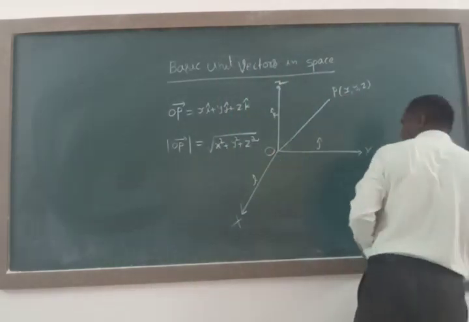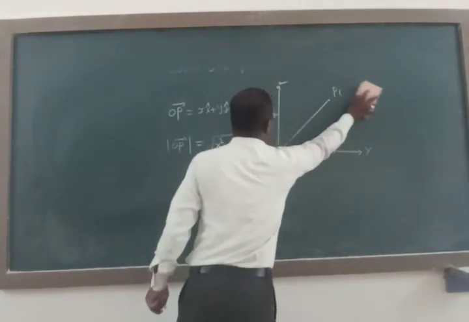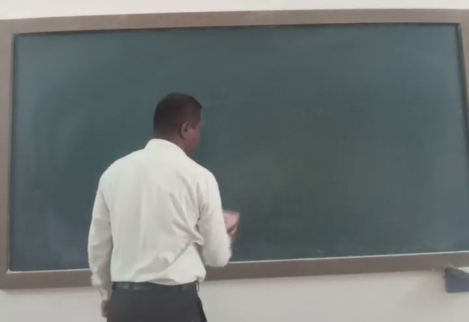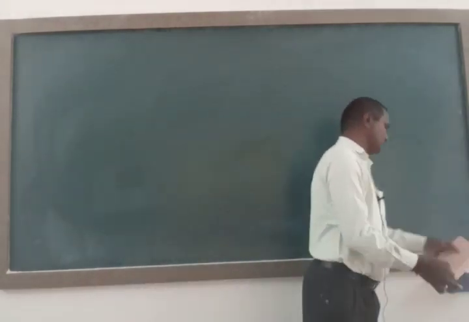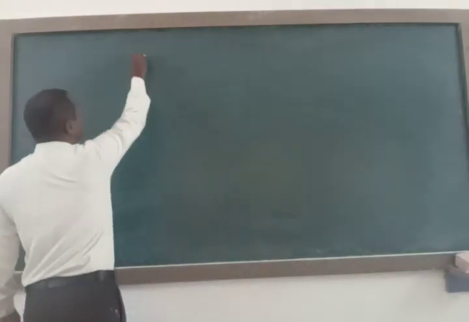Next, we'll discuss the dot product or scalar product of any two vectors. How do we take the dot product and scalar product?